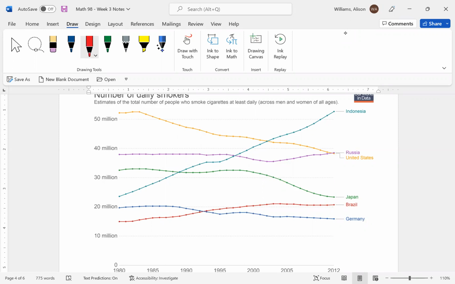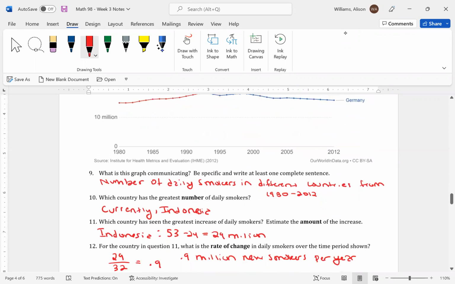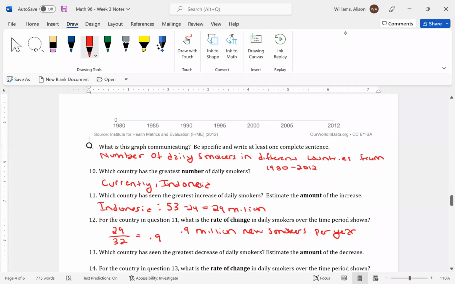Japan has a decent little decrease, maybe about a 10 million decrease. But Russia kind of started to decrease and then went back up. So yeah, United States is definitely the biggest decrease overall. So for them, it's the US. Wow, they didn't give us much space to write that, did they?